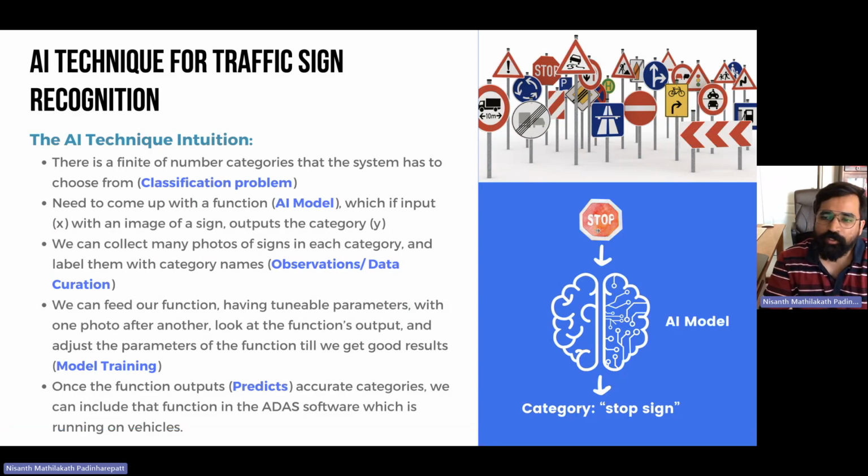How can an image be a number? The input image can be split into individual values. It could be a 32 by 32 image. So 32 times 32 is 1024 pixels, and each pixel has a value. That is how x is a vector: x has values x1, x2, x3, up to x1024.